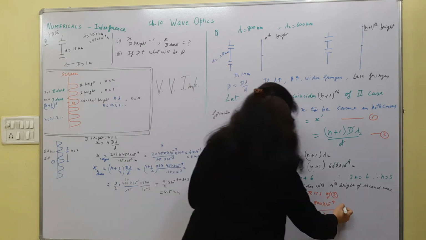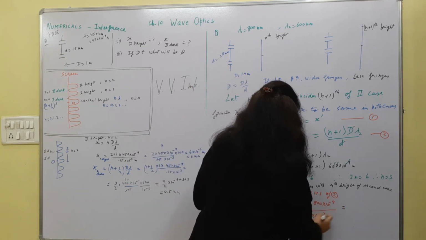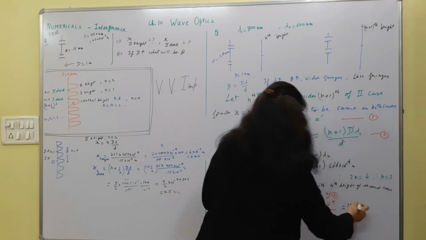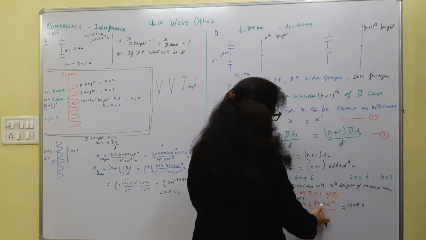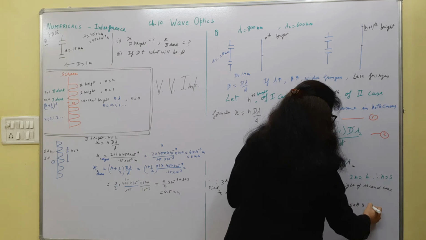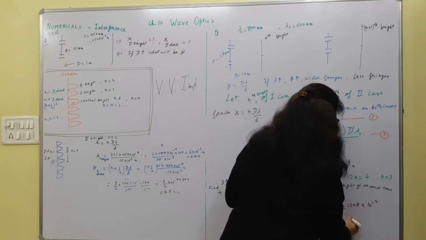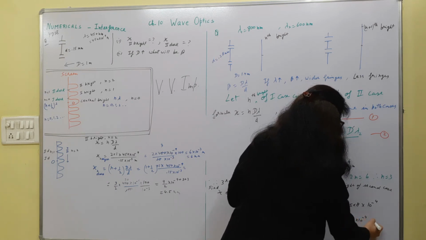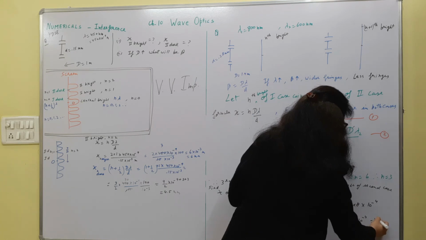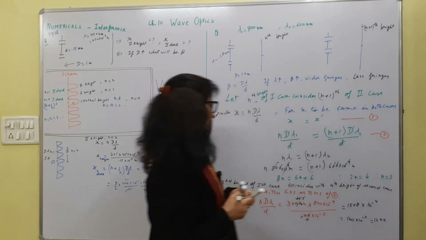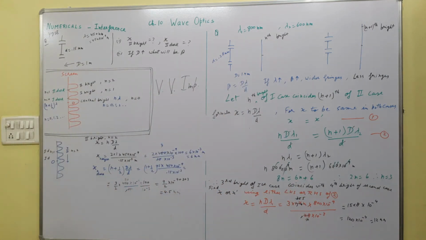So this gives me 15 into 8 into 10 to the minus 7 plus 3 minus 4, millimeter distance, right?